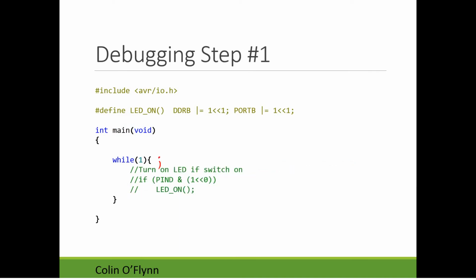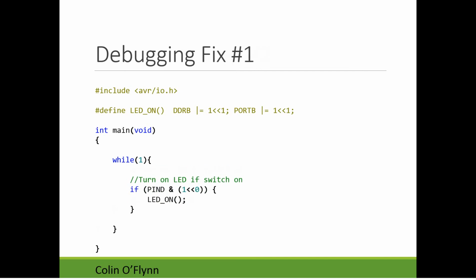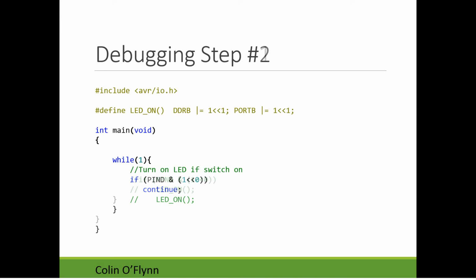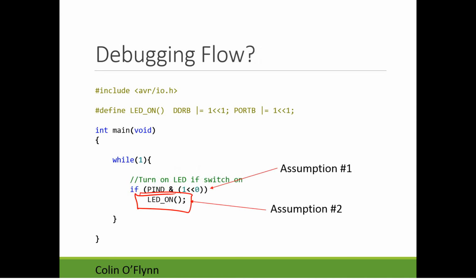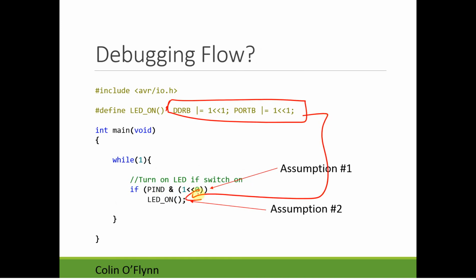When the compiler takes this macro and inserts these instructions into the source code, a bug was inserted, because this LED on actually just copied these two registers here, and the if statement is only applicable to the first of those two things.